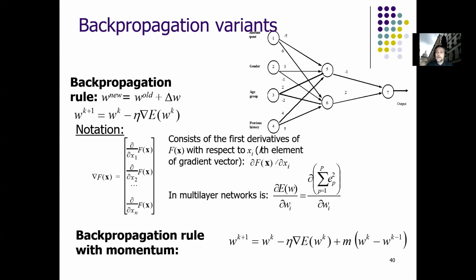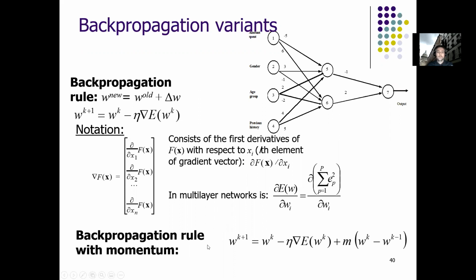The function is generated each time that some data are presented at the input of the neural network. We calculate a value of this function. So we use this kind of value, the error value, through the backpropagation algorithm to calculate these derivatives and use them to update the weights.